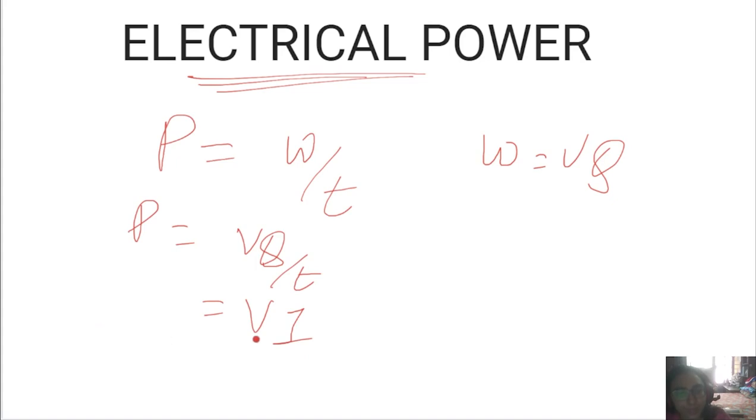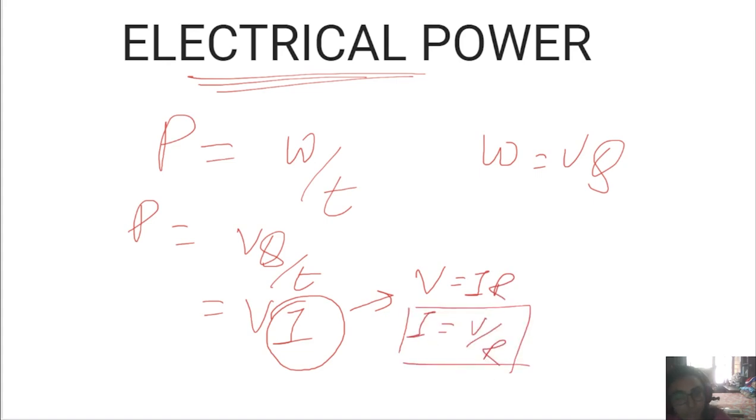Another way to define power is that we replace this current by I equals V by R, right? So power can also be written as V square by R, V square divided by R basically.